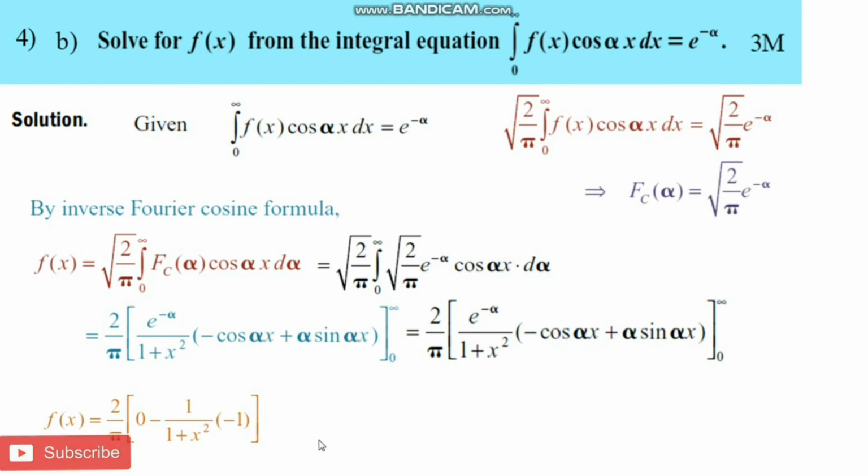The lower result will be negative 1 by 1 plus x square, it will be negative 1, that is only 2 by pi, negative 1 into negative 1, positive 1 by 1 plus x square. Hence the unknown function f of x, whose value is 2 by pi times 1 by 1 plus x square, by utilizing the inverse Fourier cosine transform formula. So hence f of x is 2 by pi times 1 by 1 plus x square.